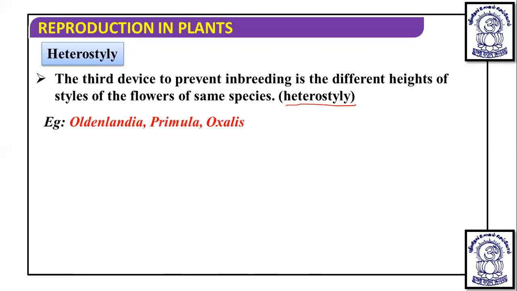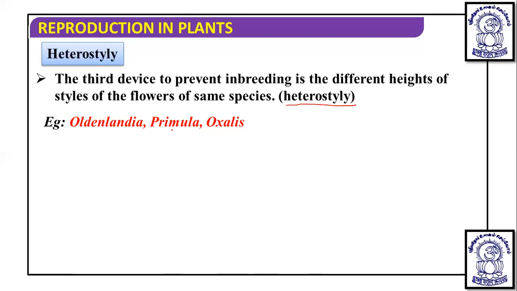As an example, heterostyly is found specifically in Primula and Oxalis. You remember these two examples are important.